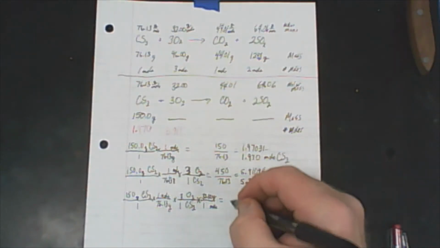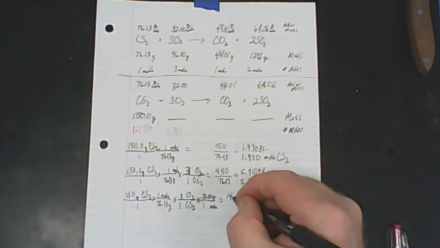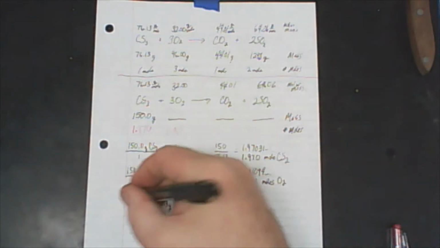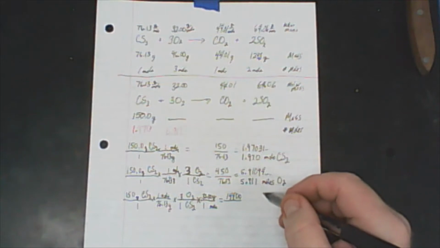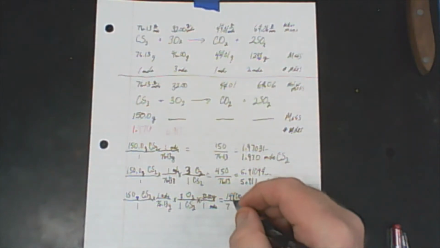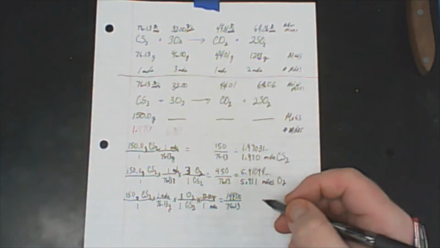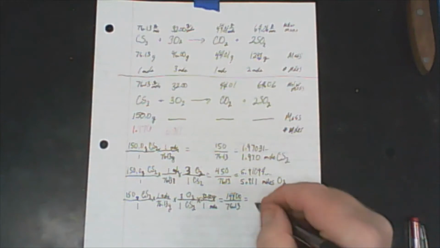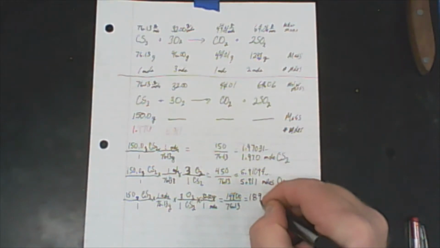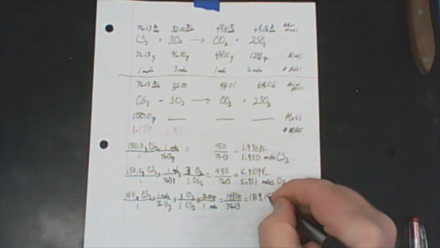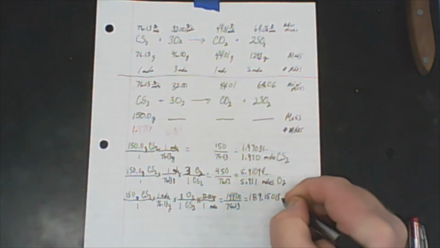Now, if I do the math at this point, I get 14400 multiplying across the top, 3 times 32 times 150. On the bottom, I still have nothing but ones, and that's 76.13. The math on this gives me 189.15013, yada, yada, yada.